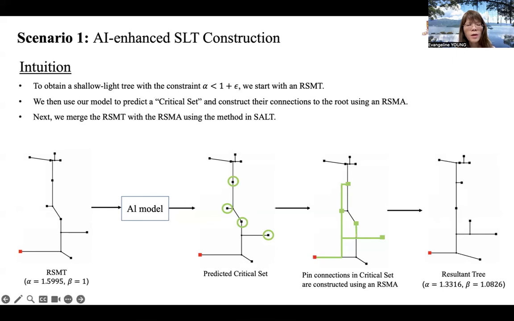But here we would like to use AI to predict which are those points. So we are going to build a model to achieve this. After we predict the points, we will connect these points with the RSMA, and then now we have an RSMA and an RSMT, and then we will combine the two to form a shallow light tree.